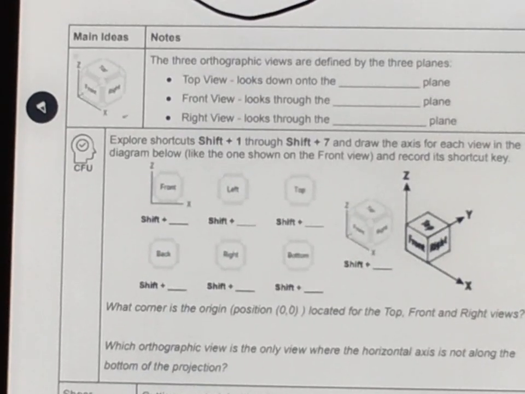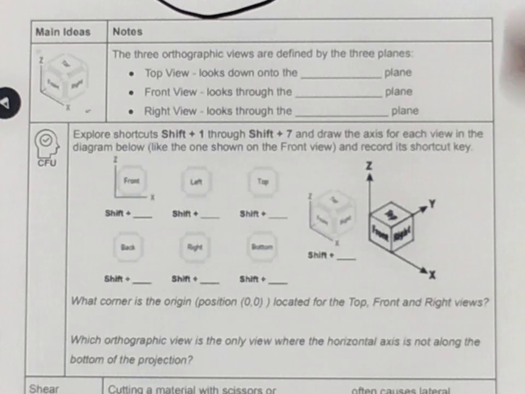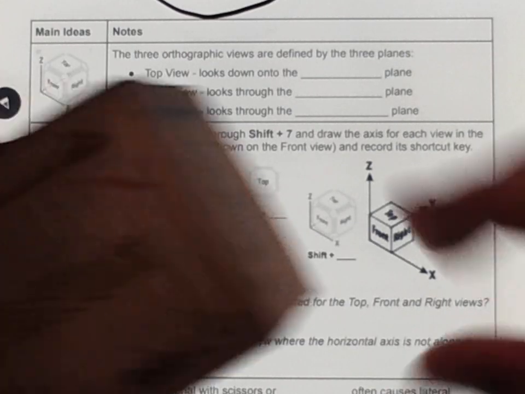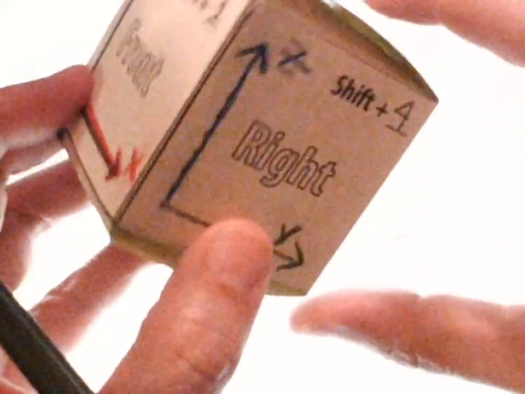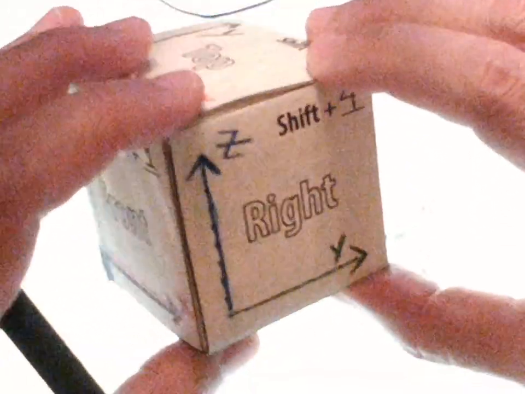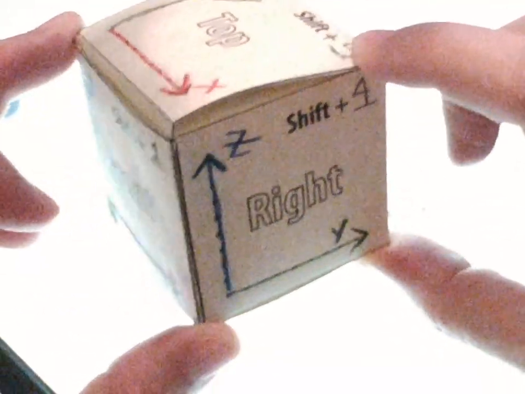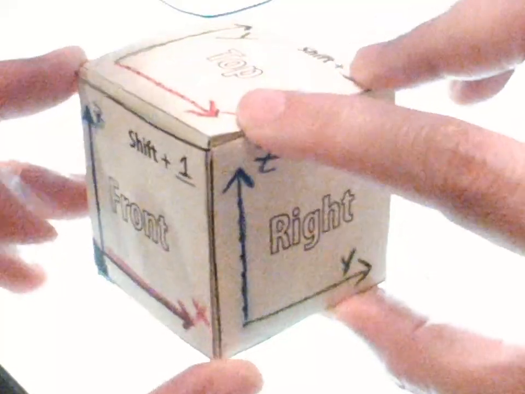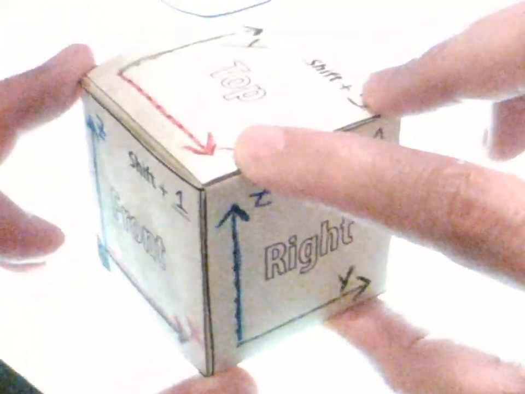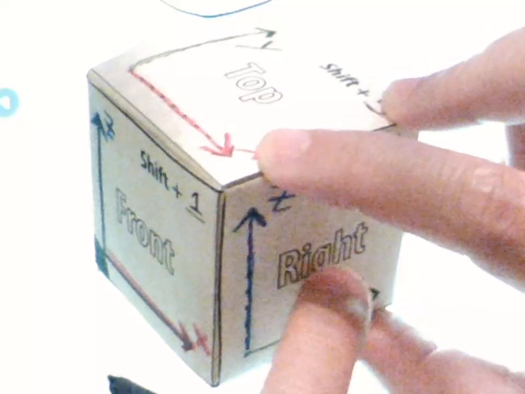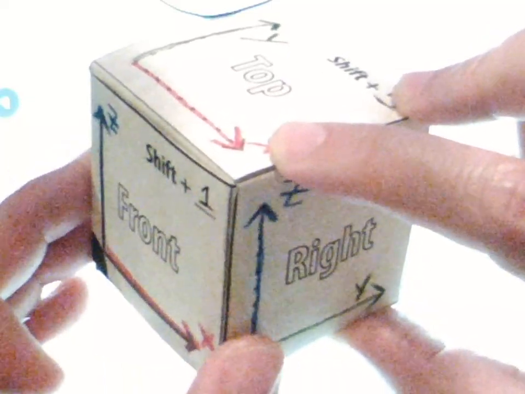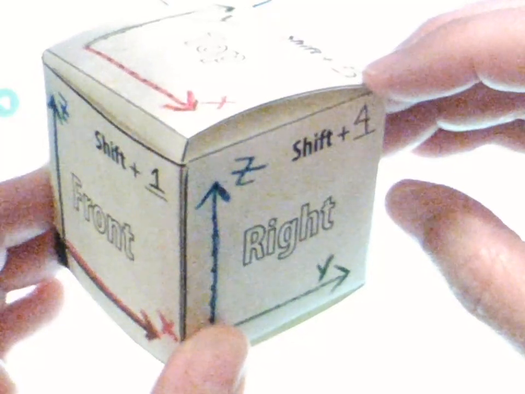Okay, and this is review. If you have your reference cube, or if you have Onshape, you can line it up to look like our top, our front, and our right, and we can see if we can define all of these planes.